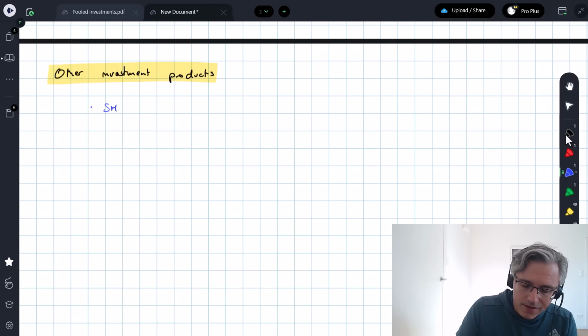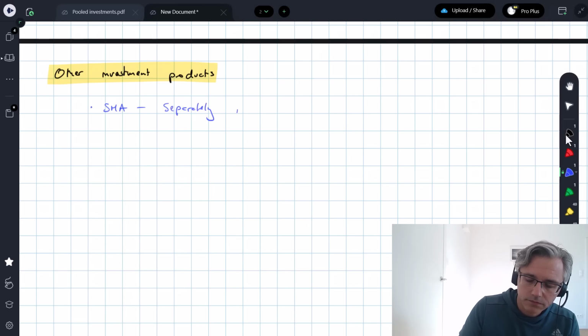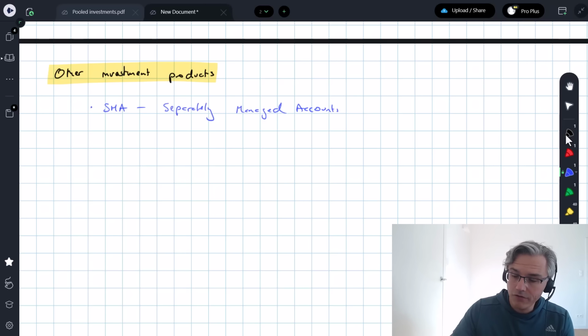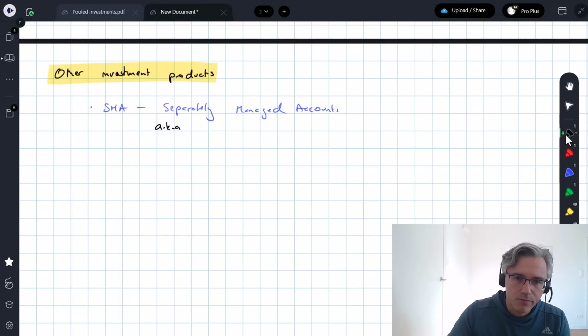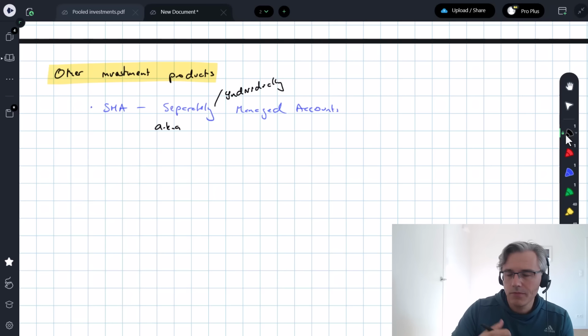First of all, SMAs, or separately managed accounts. By the way, these can function under various names. They're also known as, instead of separately, individually managed accounts. They can be called simply a managed account.